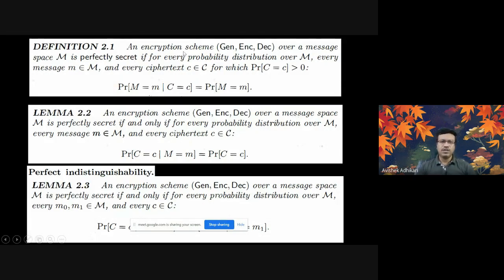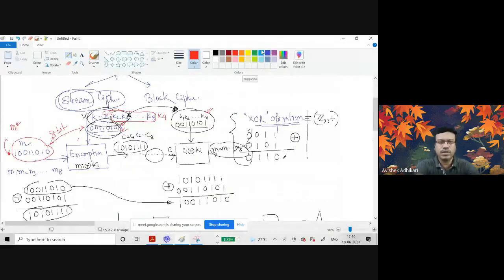Suppose this is my encryption scheme. So this is key generation, encryption and decryption. You can understand that it has the key part, the plain text part, the encryption part and the decryption part.